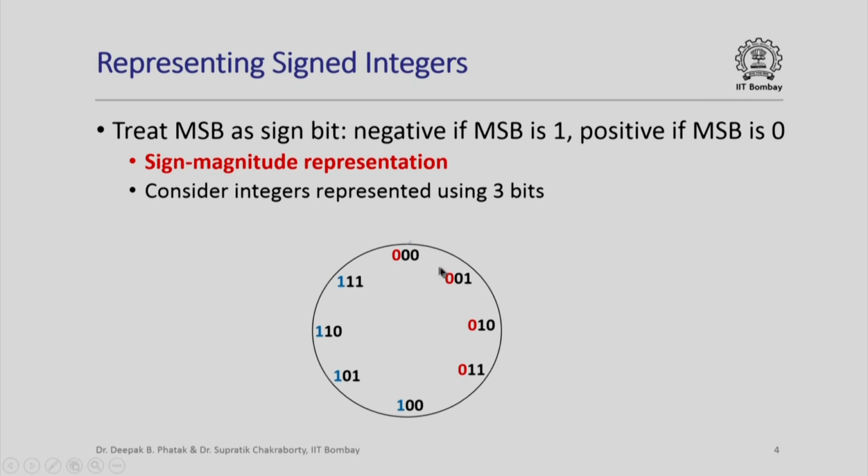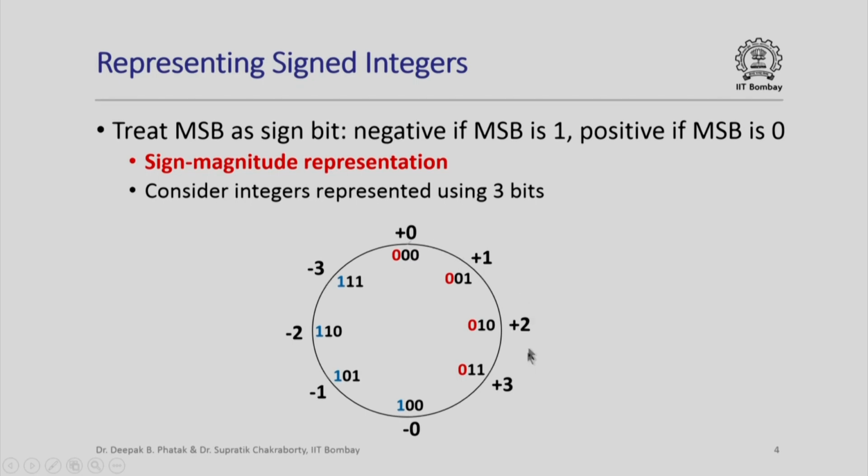So I have represented the binary representations of these unsigned integers along this circle in this order, 0 to 7, and now I want to interpret these sequences of zeros and ones as the representation of signed integers. So here are the MSB 0 representations, here are the MSB 1 representations, and in the sign magnitude representation the MSB just gives you the sign, the rest of it gives you the magnitude.